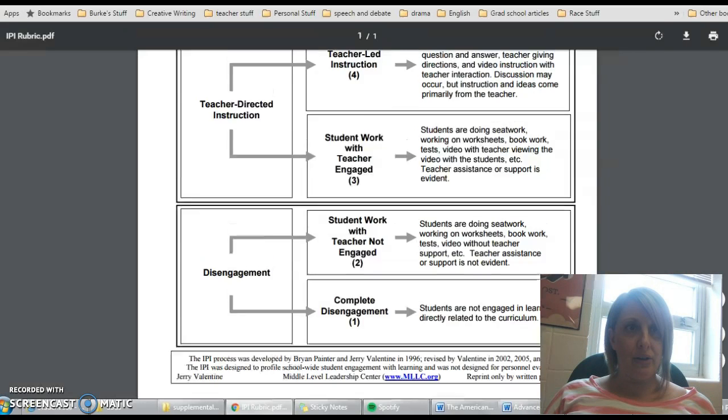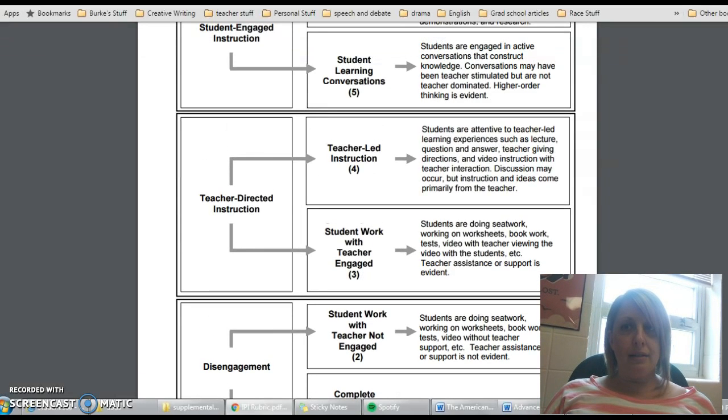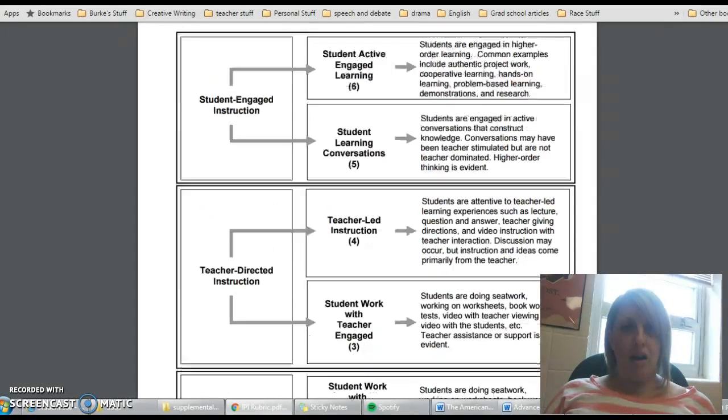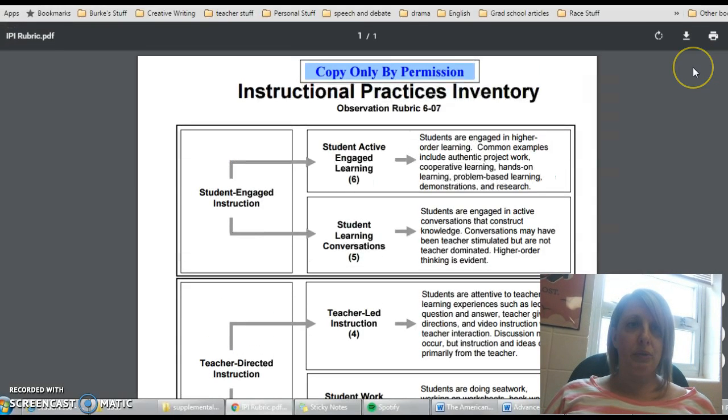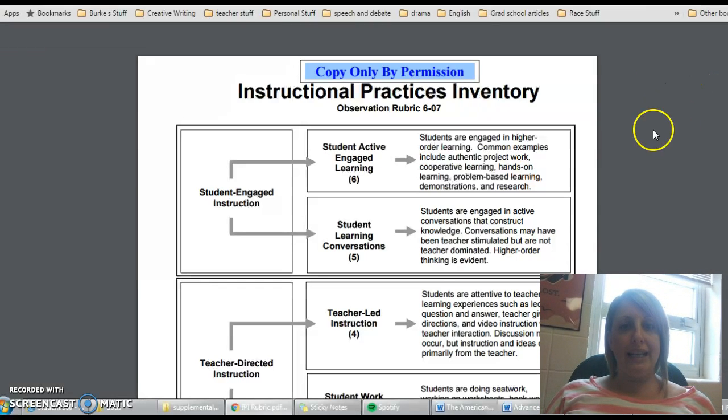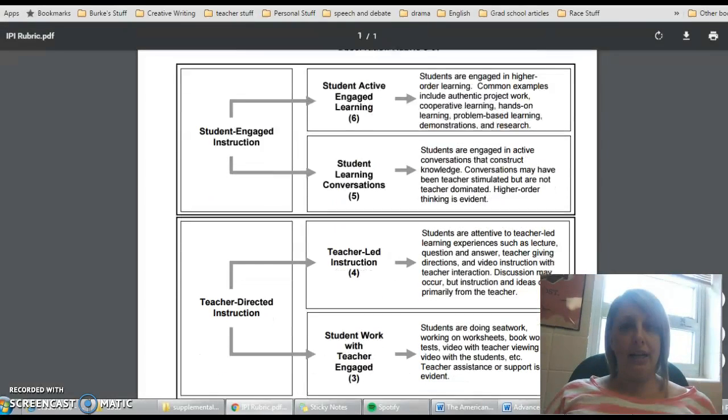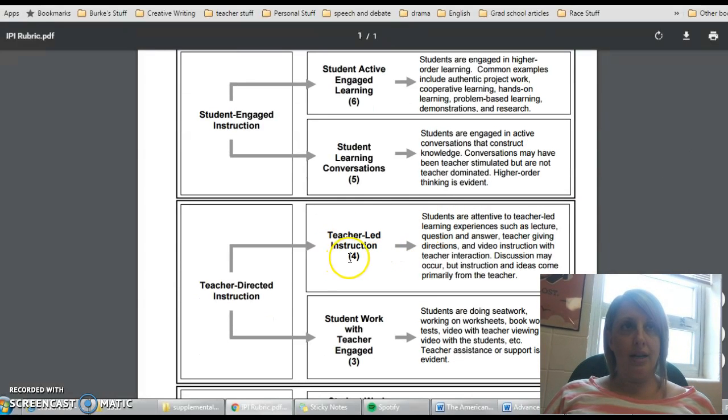One other thing I want to point out, let me reword this. If I walk in the room, I take a snapshot of what the teacher is doing at that moment. So if you are leading instruction when I walk in, that is a 4. It's a snapshot.